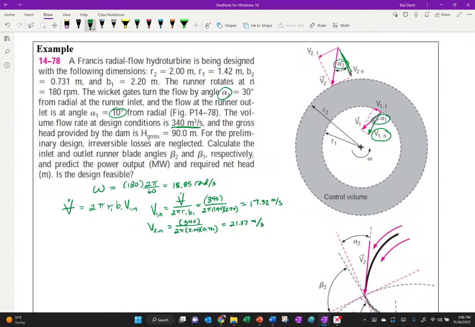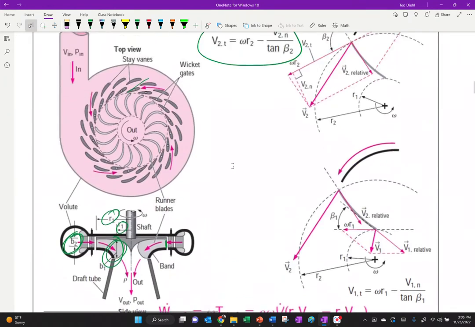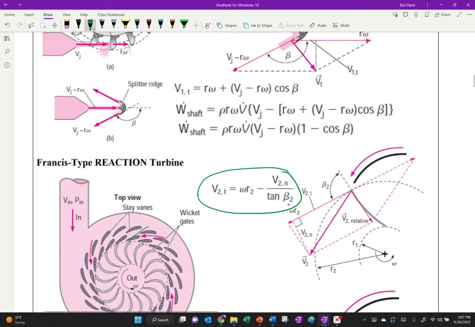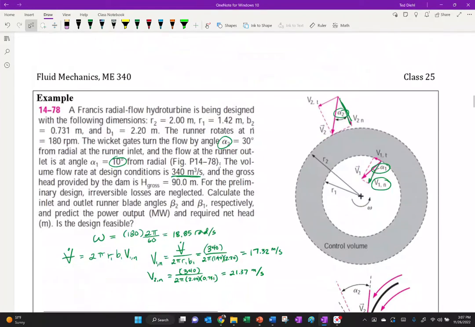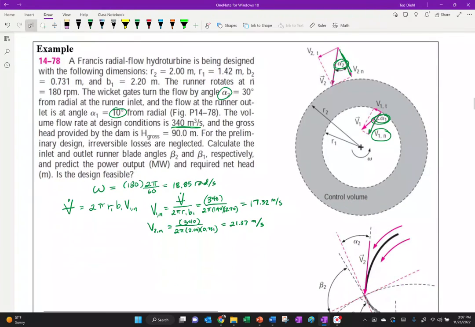Now, we're not going to use the equations from up here because we don't know what the betas are, but we do know what angle this thing is actually coming in and what it's actually coming out. So because these are perpendicular to each other, we can just take the tangents, right?